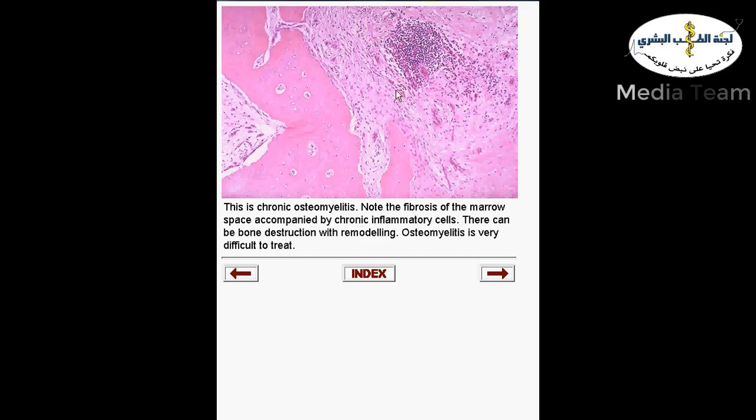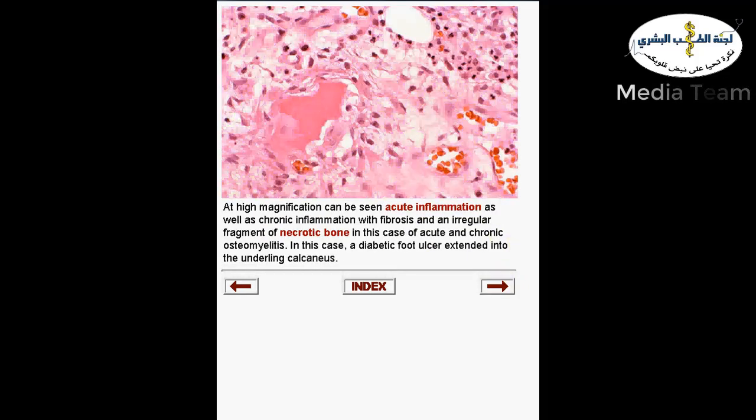So the presence of fibrosis in this case tells us that this infection has been there for a long duration. Chronic osteomyelitis is difficult to treat, and sometimes it needs admission and close follow-up to make sure that it has been treated effectively.